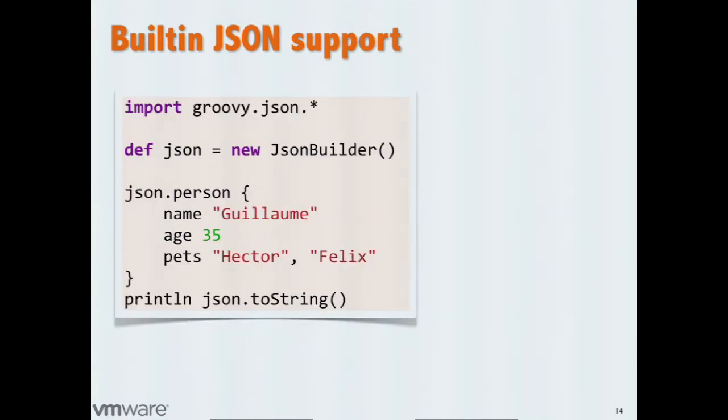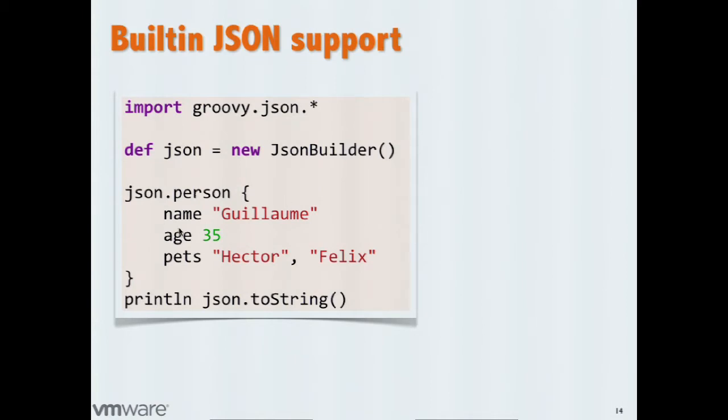Similarly to our XML support, we've got a builder class on which you can call methods. Person is not a method that actually exists on the JSON builder class, but it's interpreted by Groovy to create a person key in the JSON payload that we are creating.